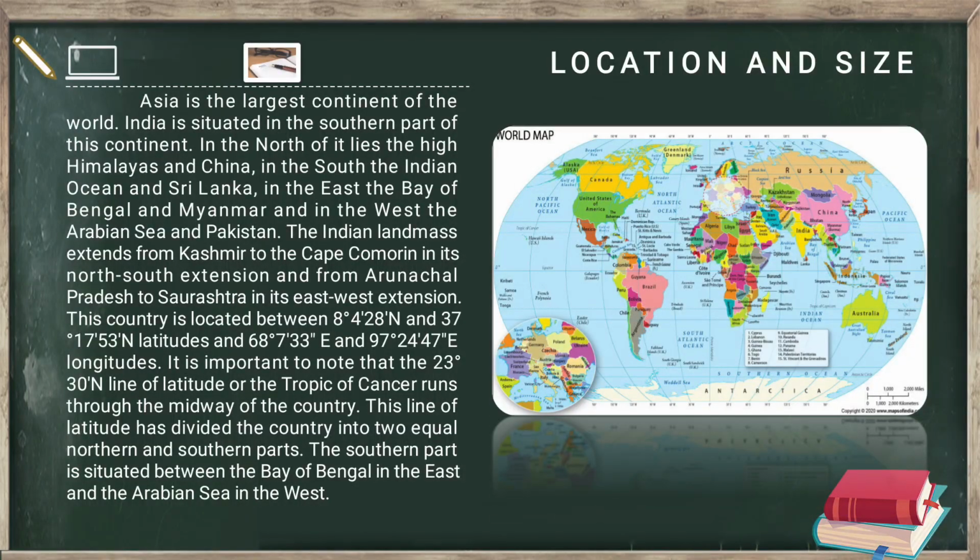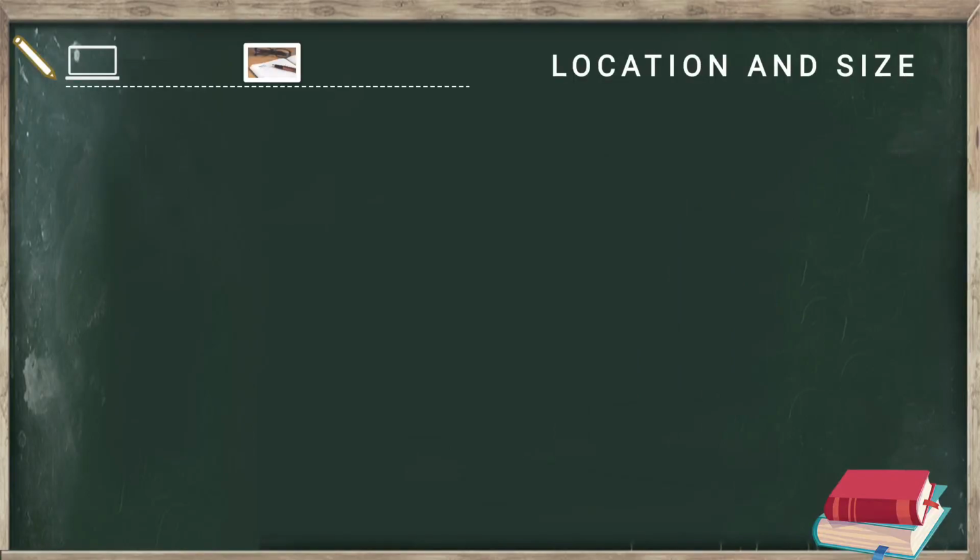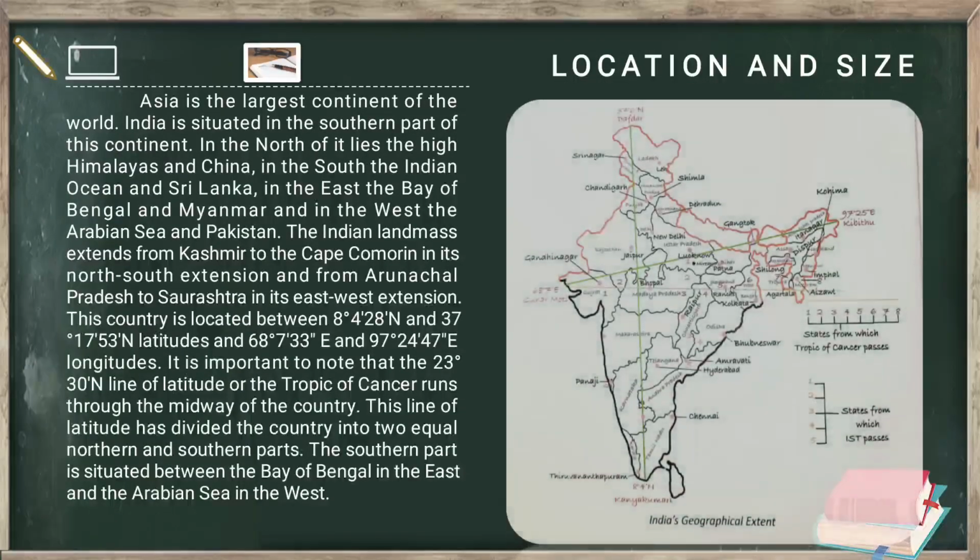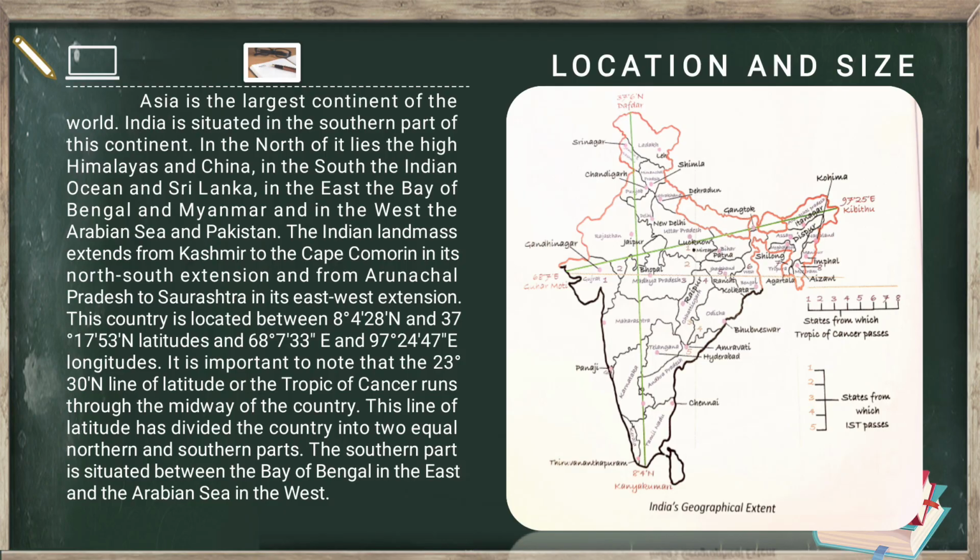So this is the continent Asia. This is the map of the world. In the north lie the Himalaya and China. This is the map of India.